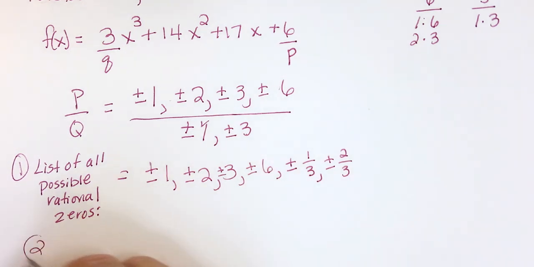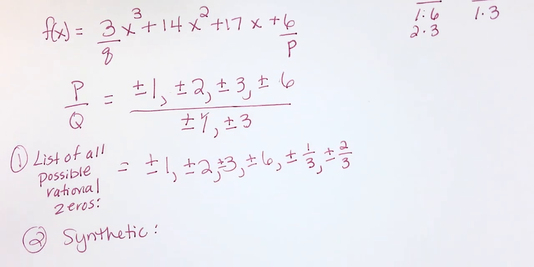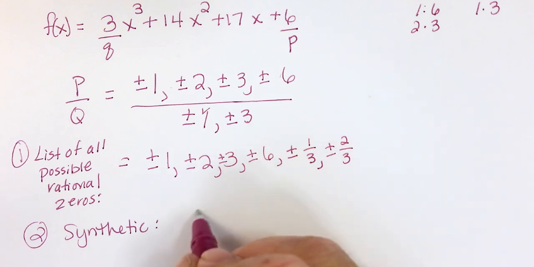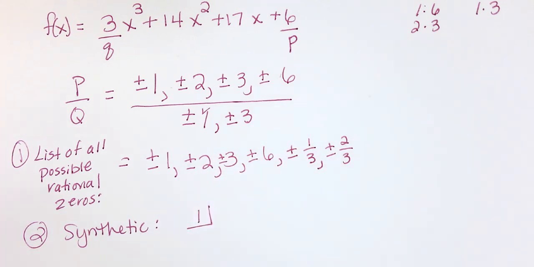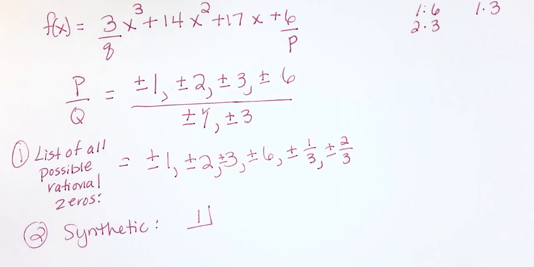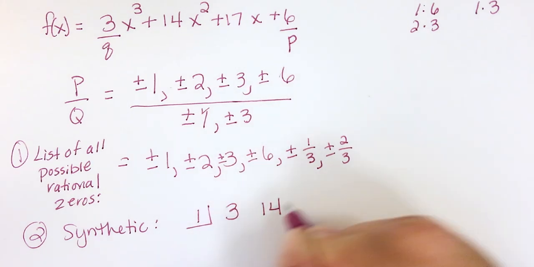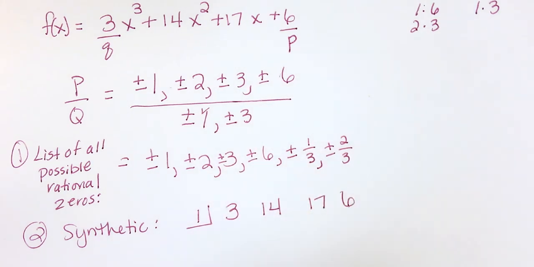The second step is synthetic division, and we're going to do synthetic division until we find a remainder of 0. Let's try 1. Where are our coefficients for the polynomial? That's up here. So we're using these coefficients for f of x. So we have 3, 14, 17, and 6.